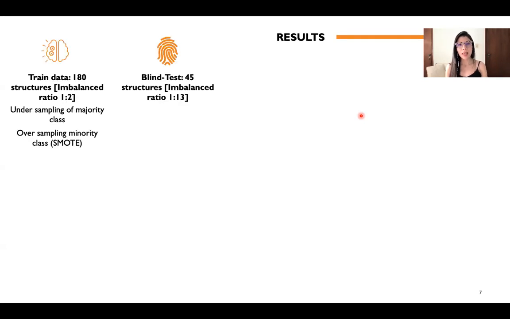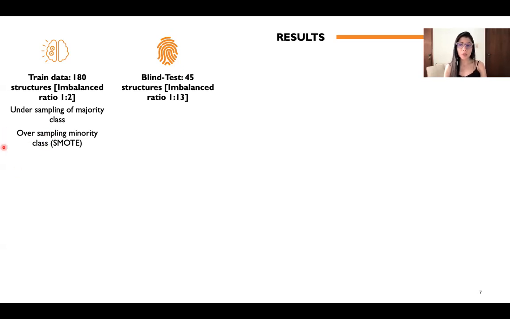And to sum up, I would like to share the summary of our results. Regarding the imbalance issue that I mentioned previously, we have reached the best outcome combining two strategies only on the training data points. So we first randomly undersample the majority class, that are the non-epitope residues.